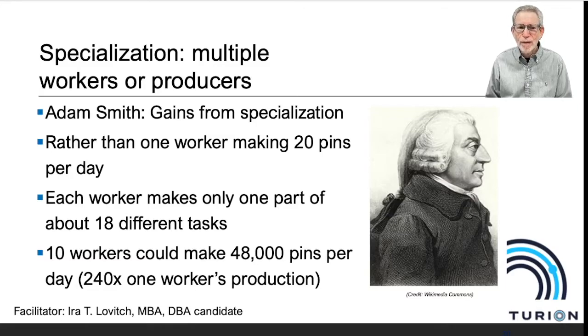And that's instead of 20 pins a day, that's 240 times greater productivity if you divide by 10 workers. Because instead of 20 pins, each worker is making 480 pins per day. And so that's a huge gain in productivity, isn't it?